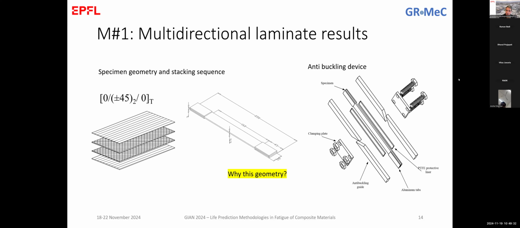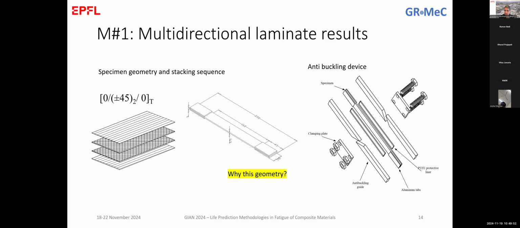It's very significant to have it because our materials, composite materials, are slender. They are usually long and thin. And of course, you can imagine when you load something that is long and thin in compression, it tends to buckle. As you will see later on in this presentation, this anti-buckling device, although it helps avoid buckling of the material, also causes other effects.